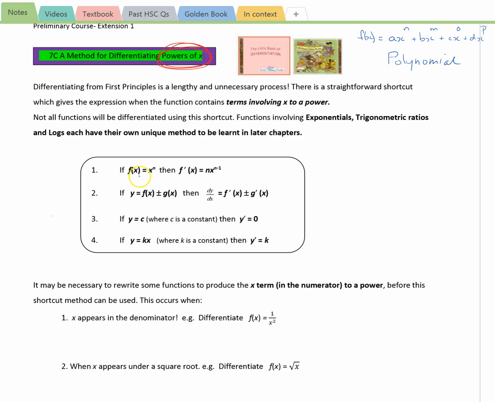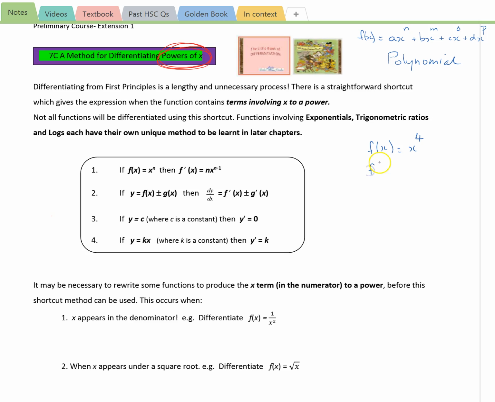So if our f of x is just simply x to the n, so if we had f of x is equal to x to the 4th, then f dash x, which is our notation for the derivative, and you must pay attention to that little dash, is bring the power to the front and subtract 1 from the power.